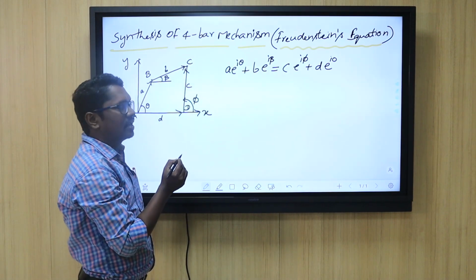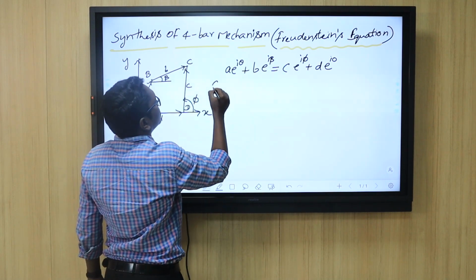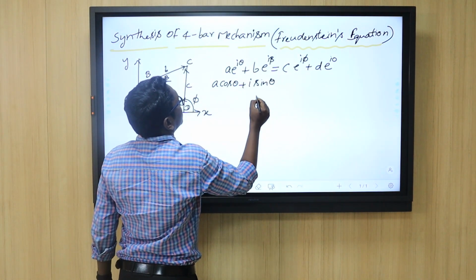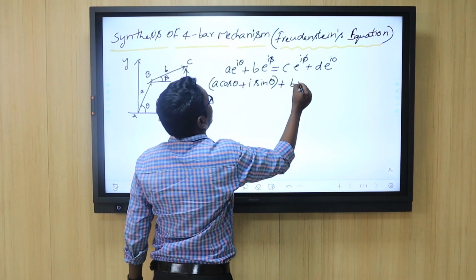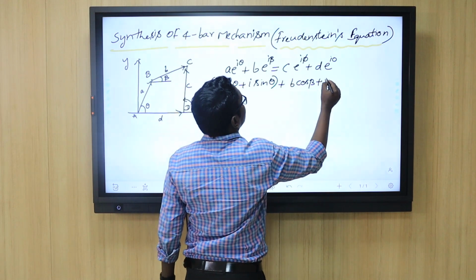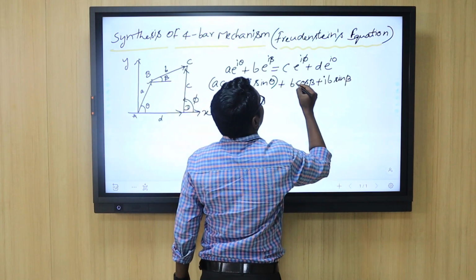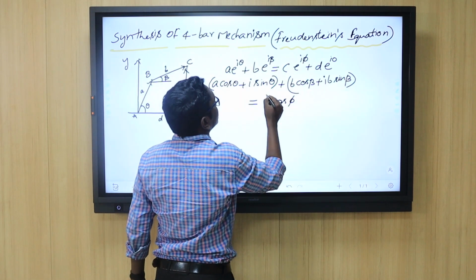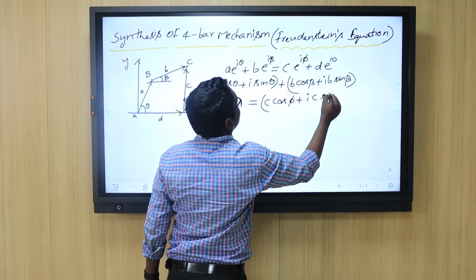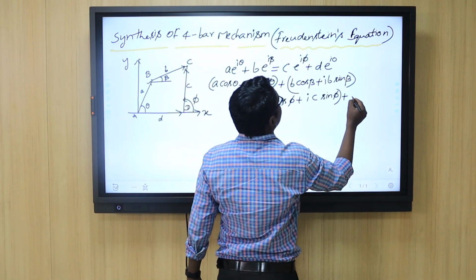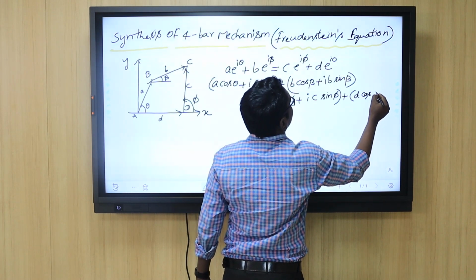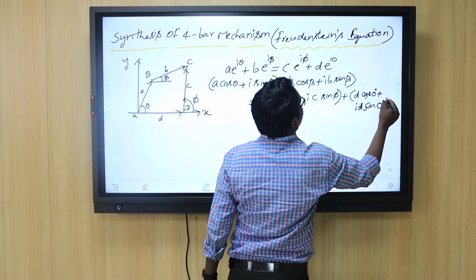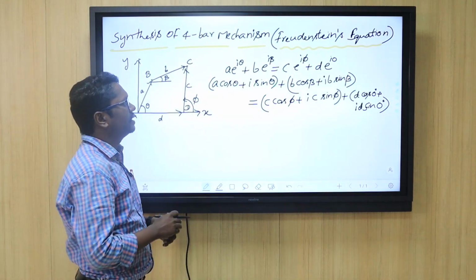Now let us write this equation in Cartesian form: a (cos theta plus i sin theta) plus b (cos beta plus i sin beta) is equal to c (cos phi plus i sin phi) plus d (cos 0 degrees plus i sin 0 degrees). This is the equation in Cartesian form.